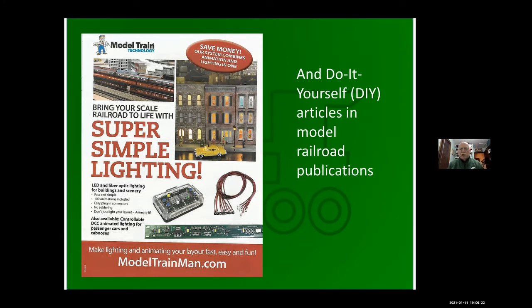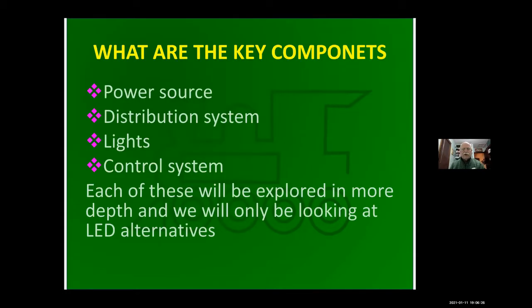There are key components to it, and I'm going to briefly touch on all of these: the power source, where you get your power; the distribution system; the lights themselves; and the control system, making things work the way you'd like them to. We'll go into more depth on each of those. For the power source, I'm only going to look at LEDs.